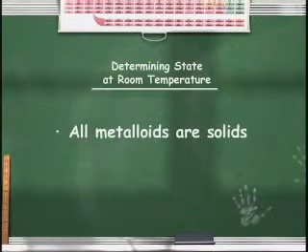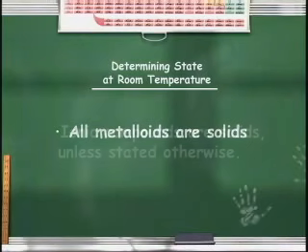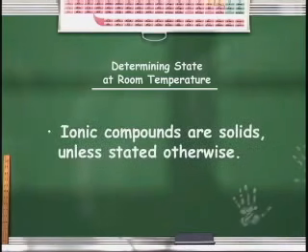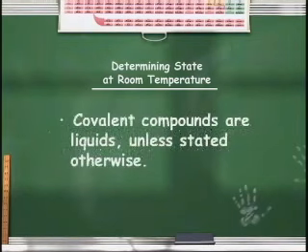All metalloids are solids. Assume, unless told otherwise, that all ionic compounds are solids. Although there are many exceptions, assume that all covalent compounds are liquids, unless told otherwise. Here's where our rule of thumb certainly doesn't always work, but it's better than no guideline at all.